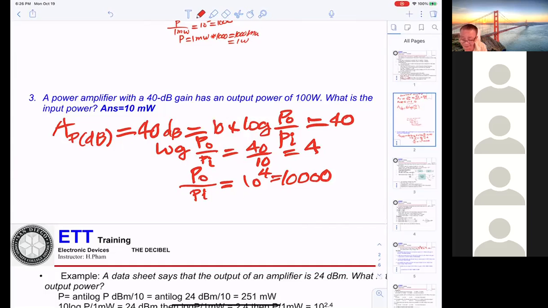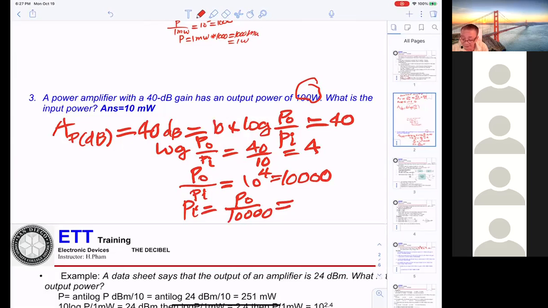And now they said they get output power 100 watt. They want P in. So from this formula, P in equals P out divided by 10,000. So you get 100 watt. You must be converting either to the watt, right?